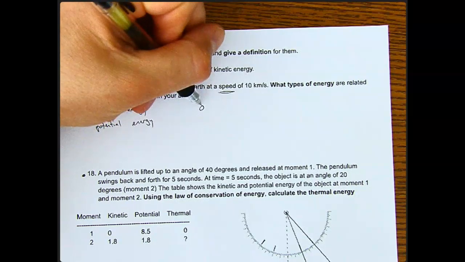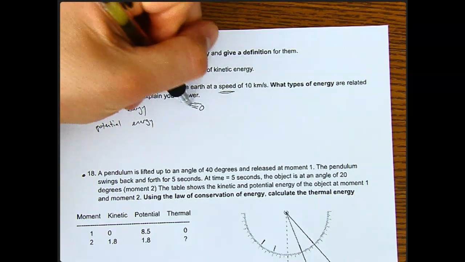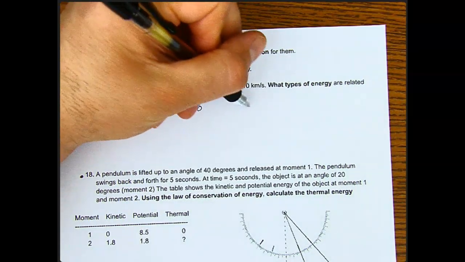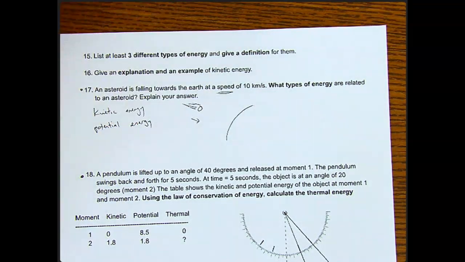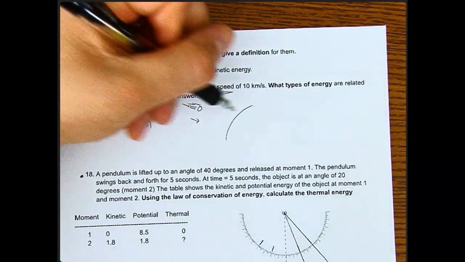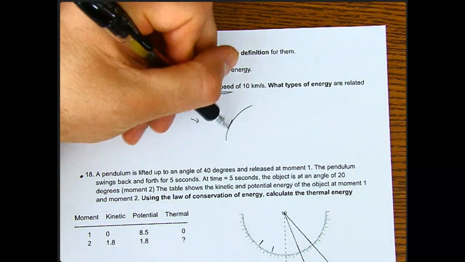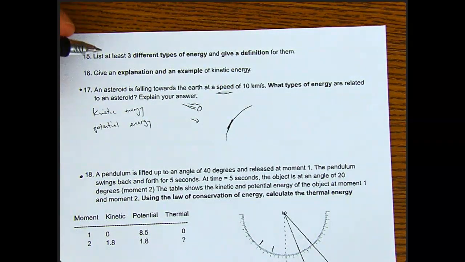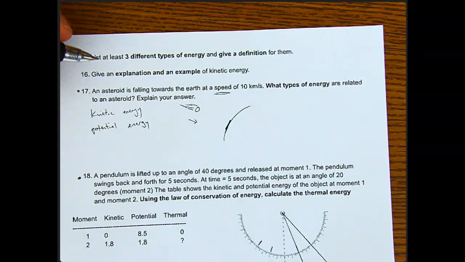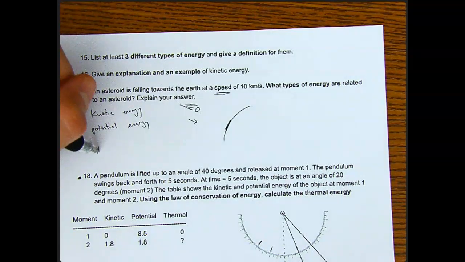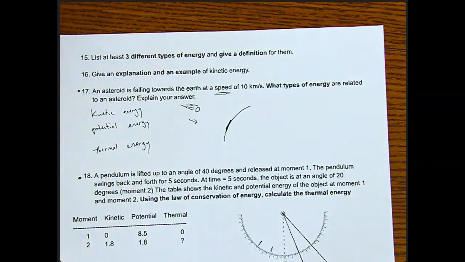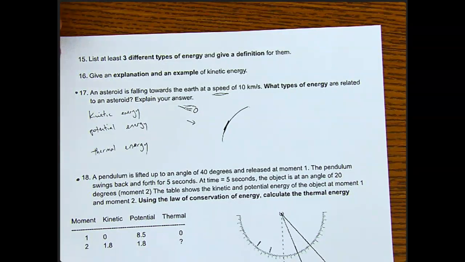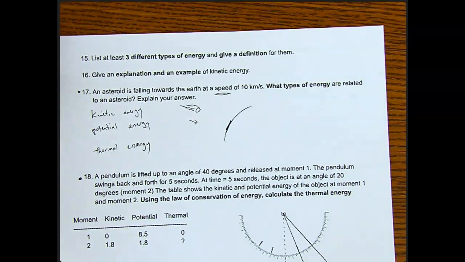So if I have my asteroid here, and here's our Earth, it obviously has some kinetic energy because it's moving this way, and it has some potential energy because it's above the Earth's surface. You could even list thermal energy. That's kind of a bonus one, because anything that enters our atmosphere is going to heat up, so there is some thermal energy there. Maybe you can think of some other ones, but those are the first that come to my mind.